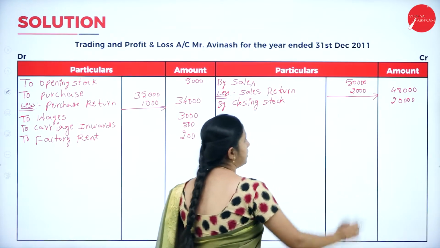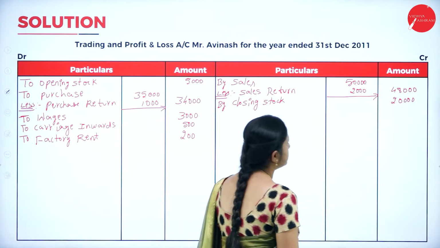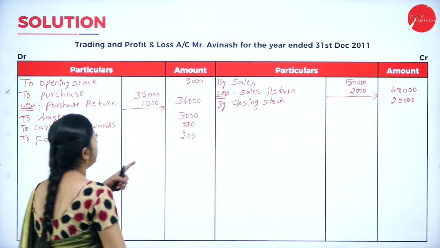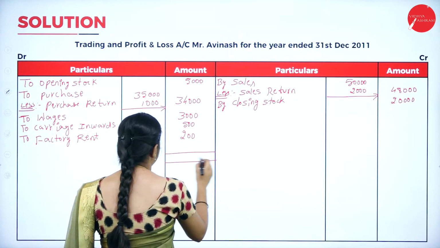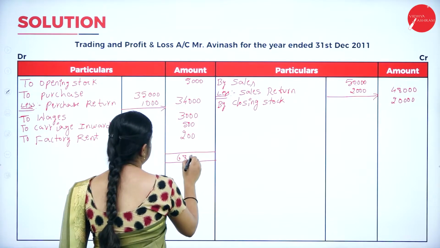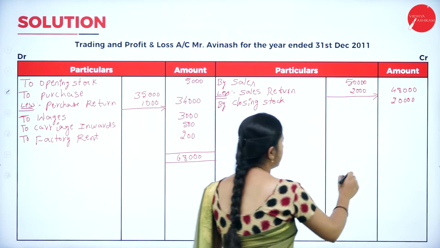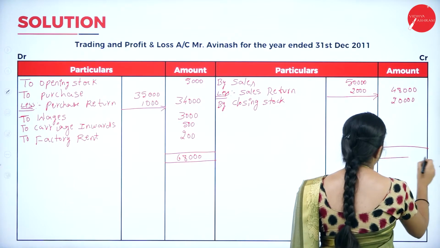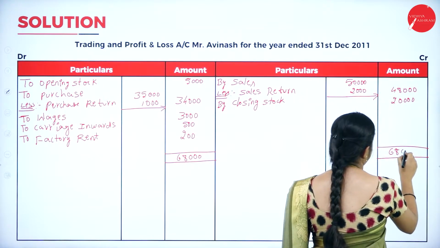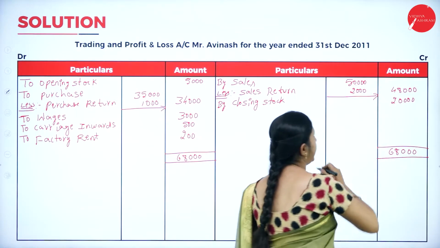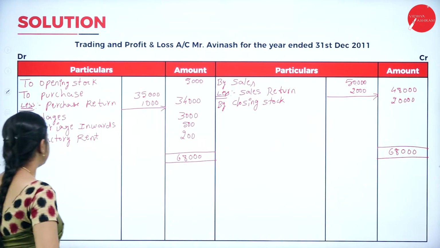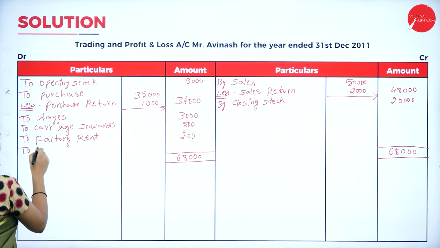Now make a total: 48,000 plus 20,000, 68,000. Here 68,000 is more. So write both the sides 68,000 and find the difference. The difference is considered as gross profit.